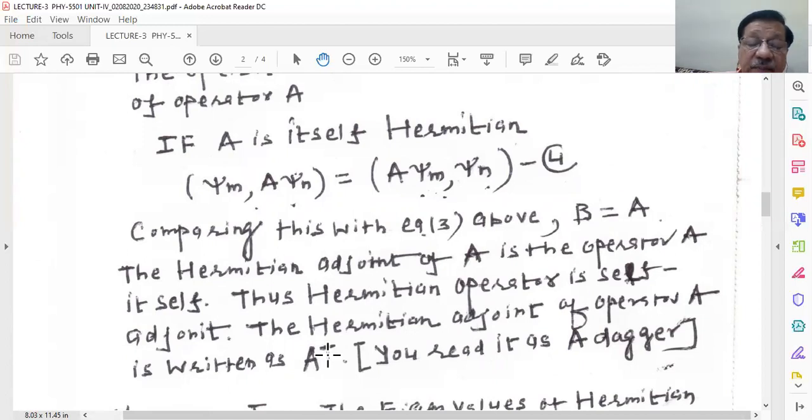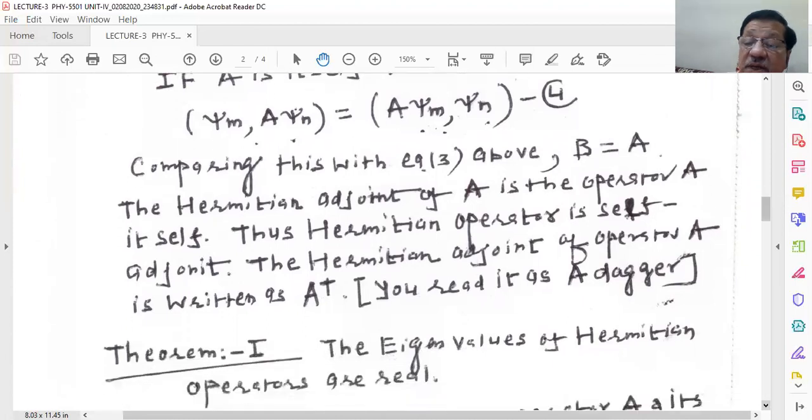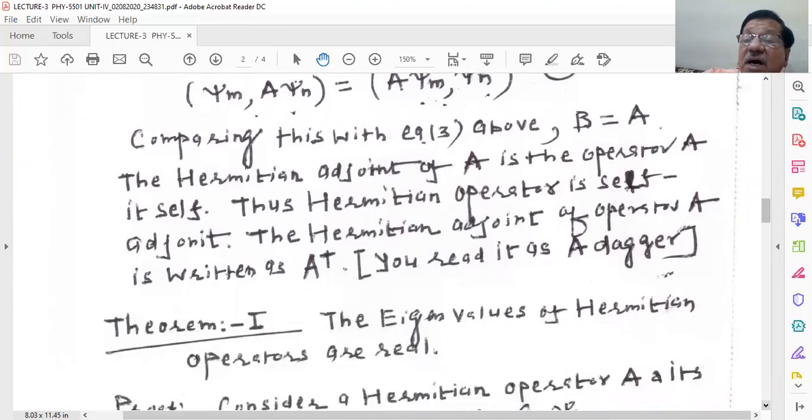The Hermitian operator is a self-adjoint operator. So if A dagger is equal to A, we have the condition of a self-adjoint operator. Once you know these two important properties, the first important property which we want to establish today is that the eigenvalues of Hermitian operators are real.